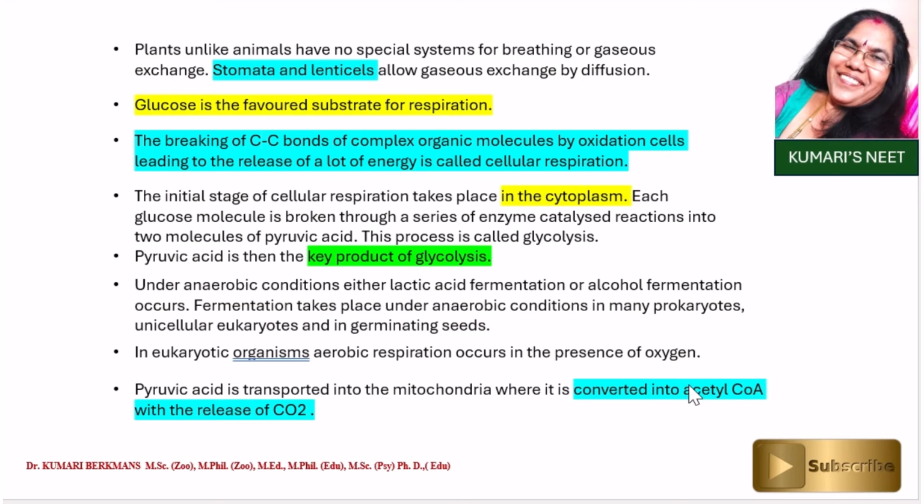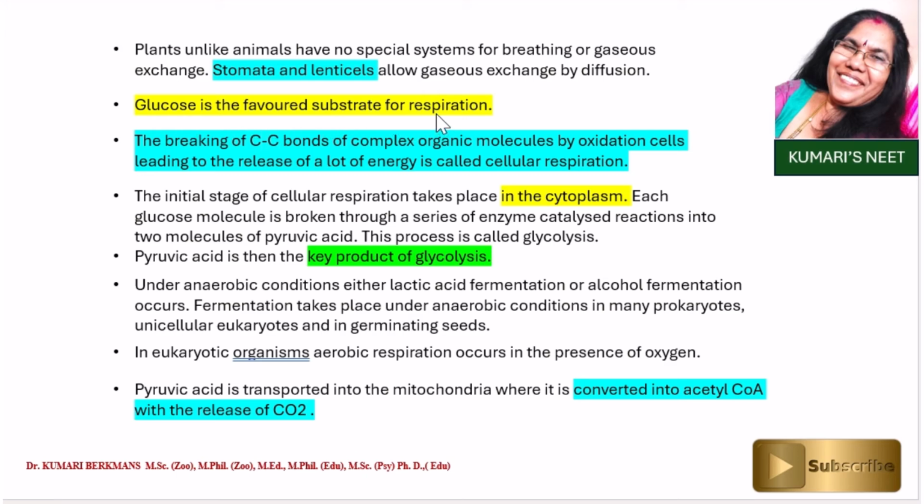Okay, and plants, unlike animals, have no special systems for breathing or gaseous exchange. So what are those? In the sense, it is stomata and lenticels in plants, which allow the gaseous exchange by diffusion. Okay, and glucose is a favored substrate for respiration.